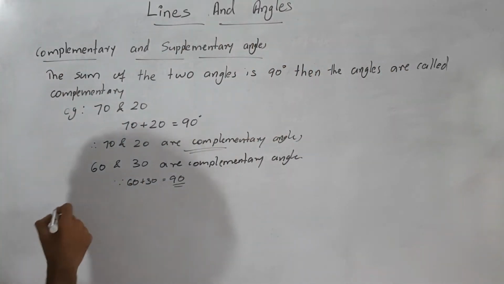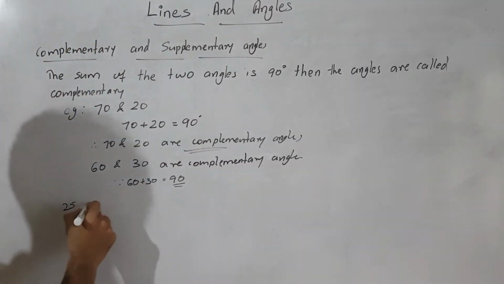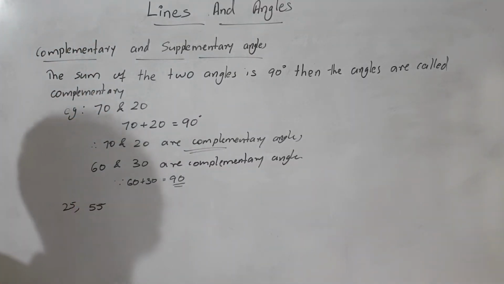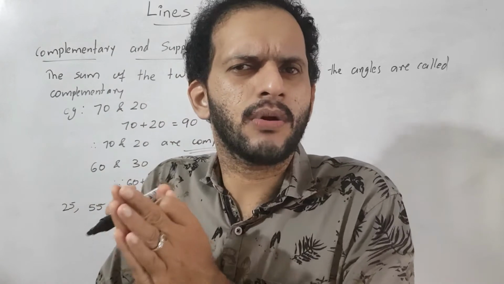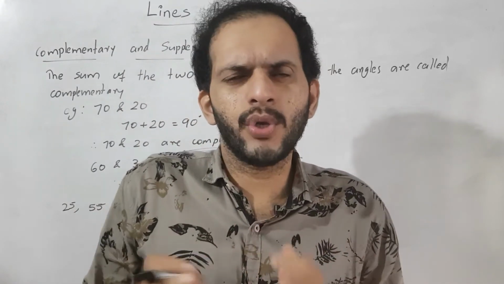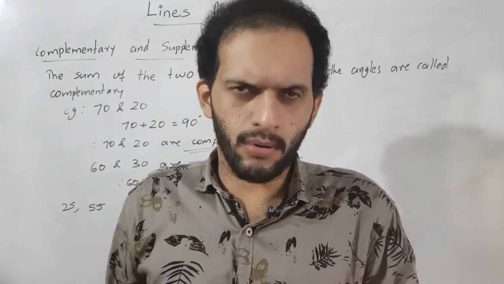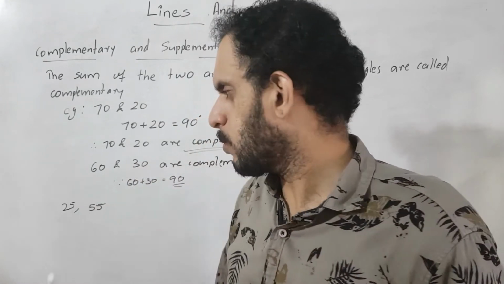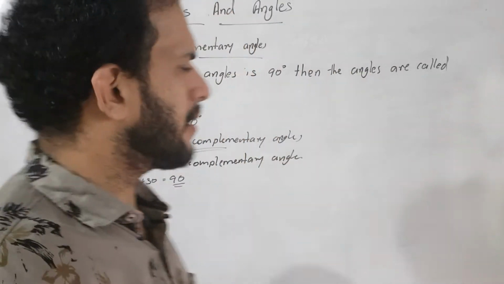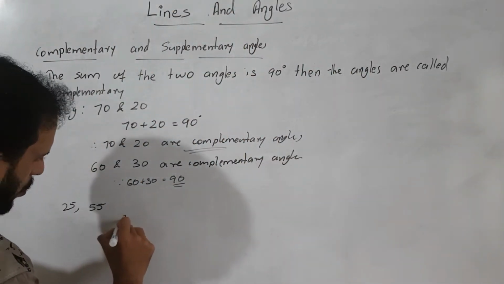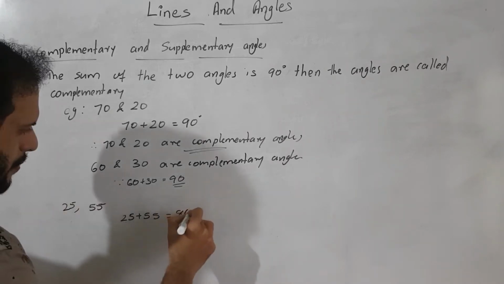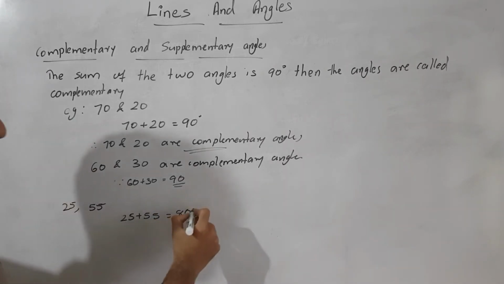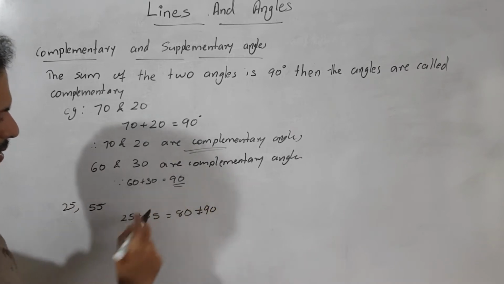Very easy, we just add them. 25 plus 55 is 80. 80 is not equal to 90, correct?